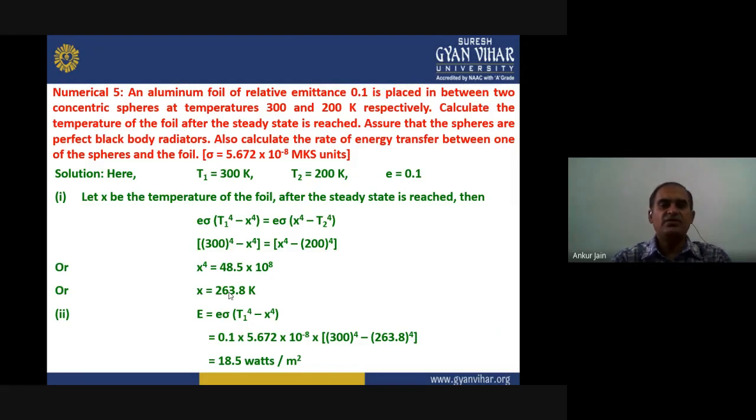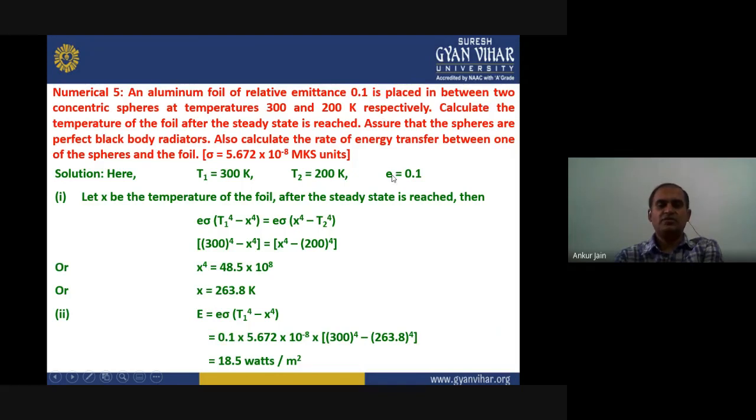Now we have to calculate the energy transfer between the one of the sphere and the foil, and that can be measured by using Stefan-Boltzmann's law, that is given by E equals E σ (T1^4 − X^4). Put values of each parameter.